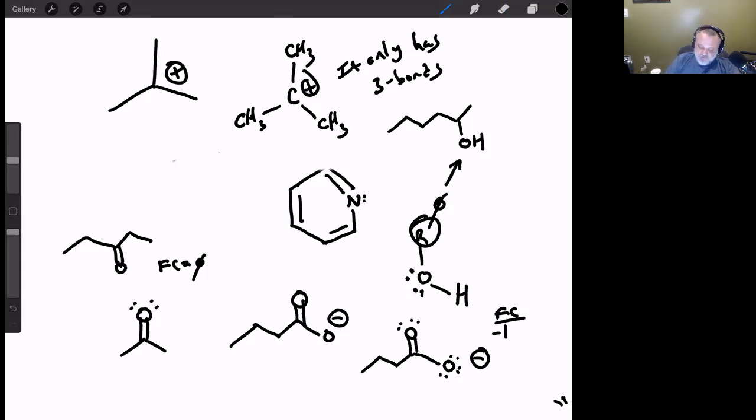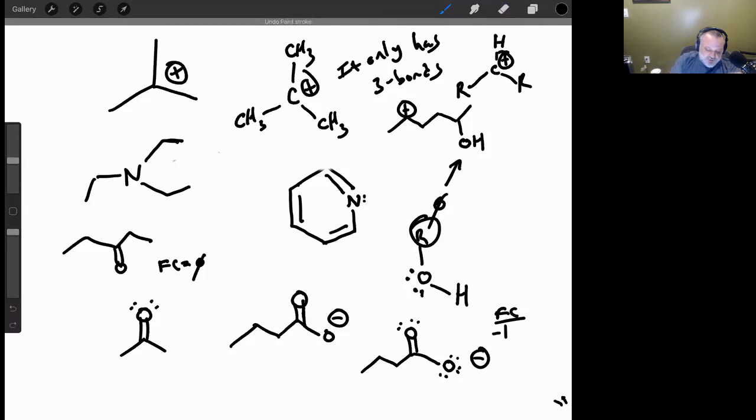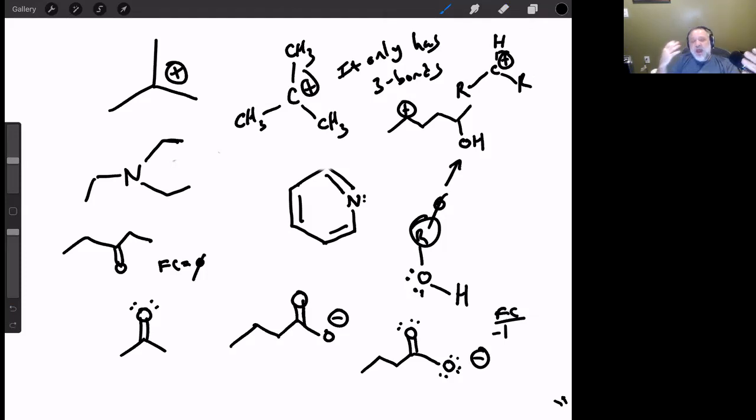So for instance, if I said this was a cation, then the structure at this location is a carbon connected to 2 R groups and only 1 hydrogen. That's where the positive charge comes from. If I show you a nitrogen connected to an ethyl group, an ethyl group, another ethyl group, and I show you no formal charge, then how is a nitrogen neutral if it's got 3 bonds?